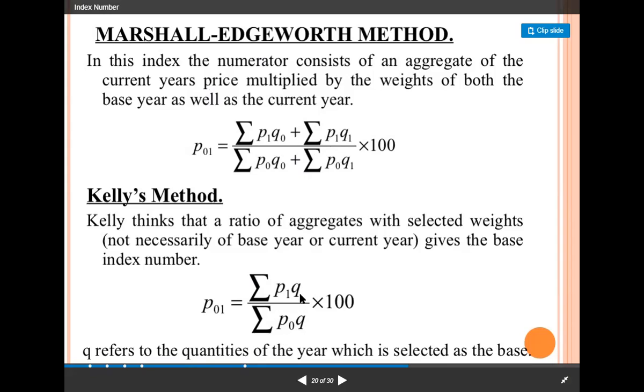But what about Q? There is no 0 or 1, which means it is not the base year and not the current year. So Q refers to the quantities of the year which is selected as the base.